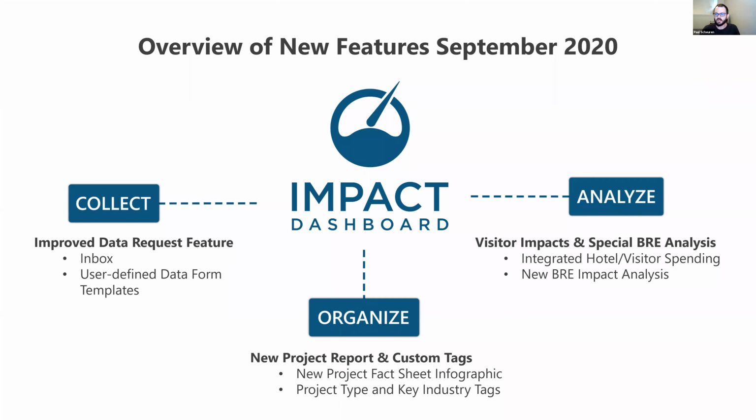Around organization, we've got a brand new project fact sheet and these new project type and key industry tags. Around analysis, we've got some additional fields and calculations related to visitor spending and hotels, and this really great new feature around impact analysis for BRE projects. For businesses that are expanding in your community, being able to clearly separate the current operations from that expansion.